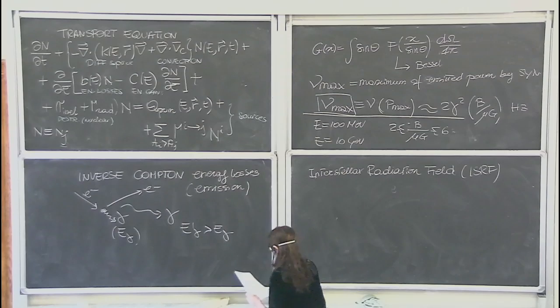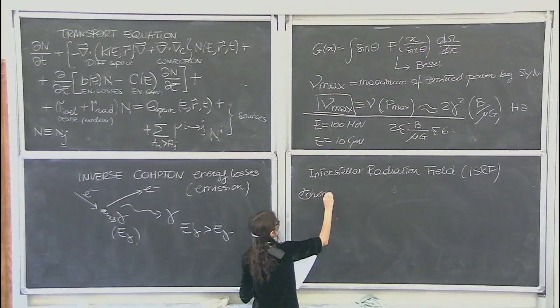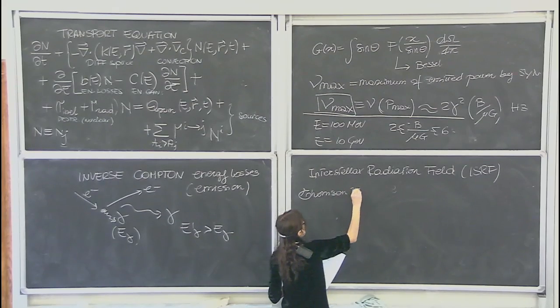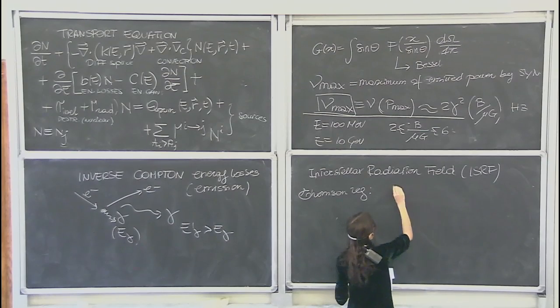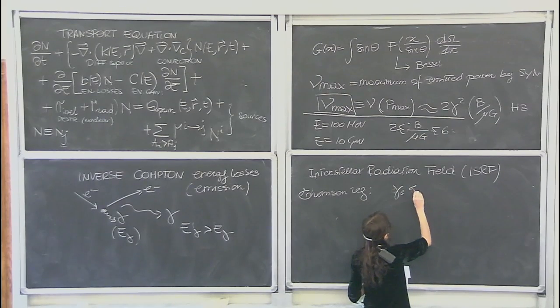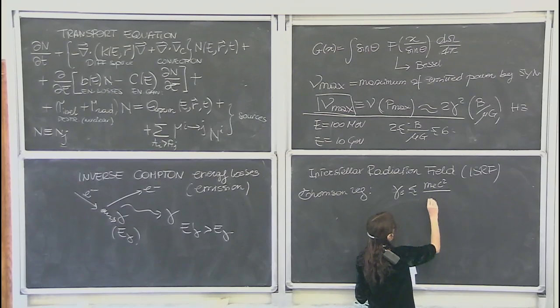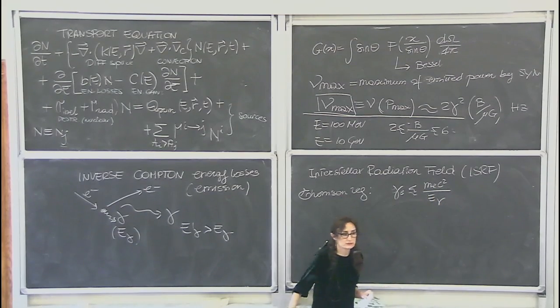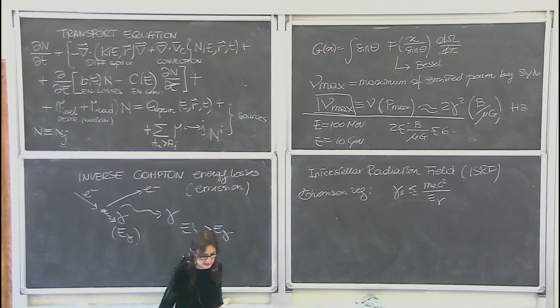The Thomson regime is valid whenever the Lorentz factor of the electron is smaller, more or less, than the mass of the electron divided by the energy of the gamma rays.